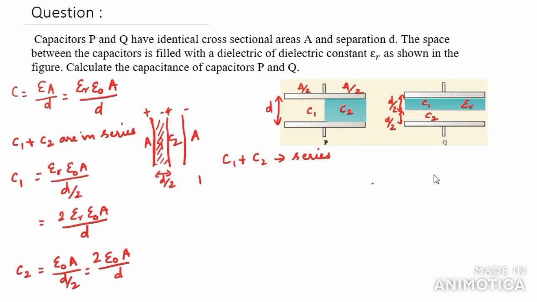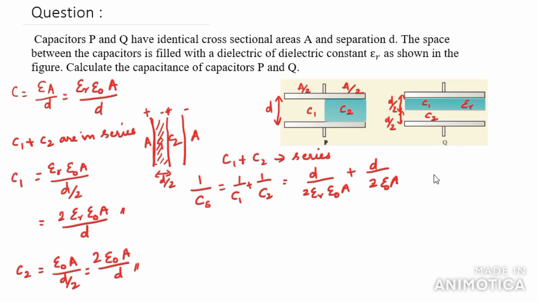So the resultant is 1 by Cs equals 1 by C1 plus 1 by C2, which is D by 2 epsilon r epsilon naught A plus D by 2 epsilon naught A. I am writing the reciprocal of these two values.